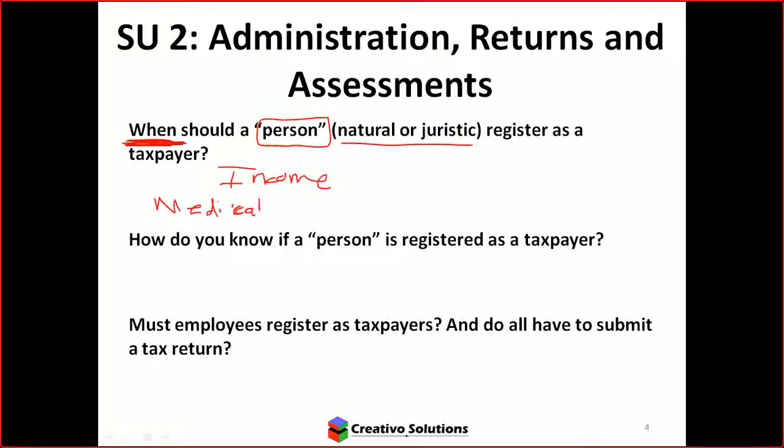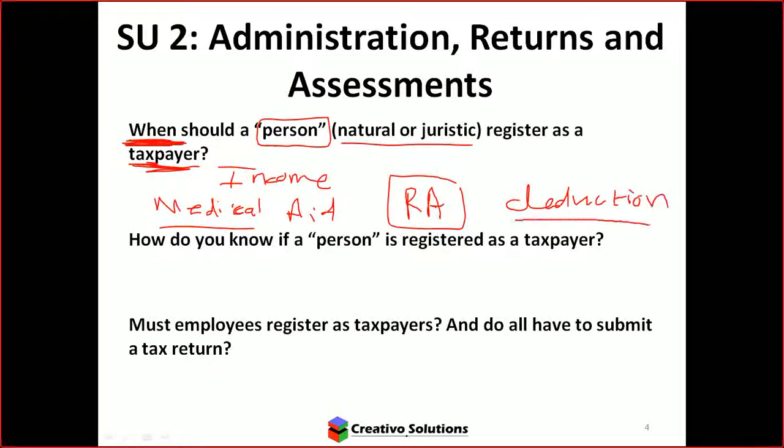If you're paying a portion of your income towards a medical aid, you would be silly to not register as a taxpayer. Even with a retirement annuity, or any other form of retirement vehicle, it would be silly to not register as a taxpayer. The reason for that is there are benefits that you can make use of in the form of a deduction.